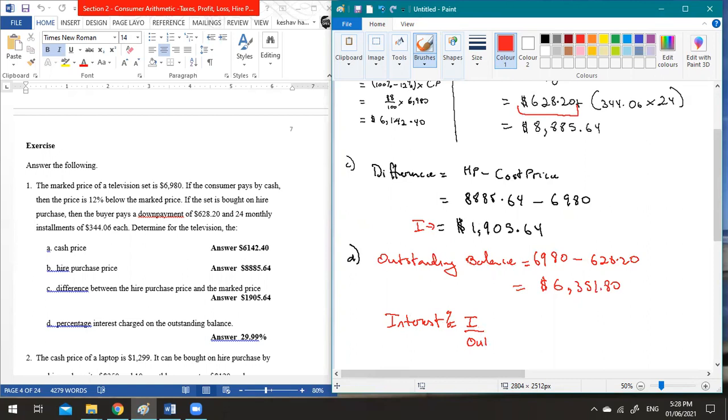So let me just put OB for outstanding balance. Multiply by 100 over 1 to get that percentage. So the interest, or the difference in the price, 1905.64 over $6,351.80 multiplied by 100 over 1.